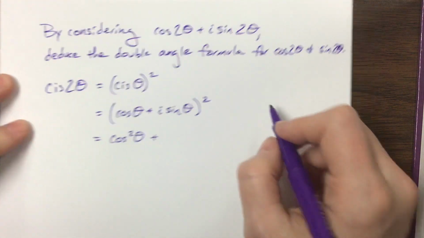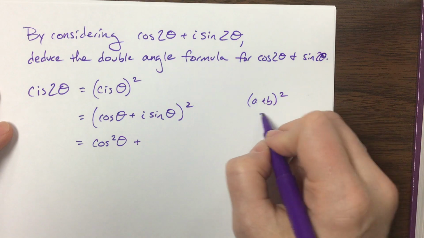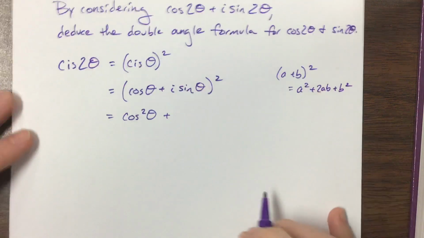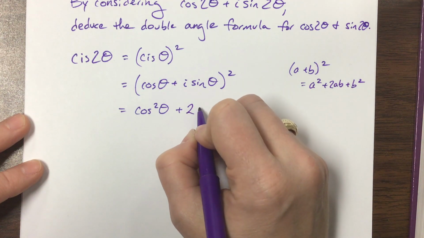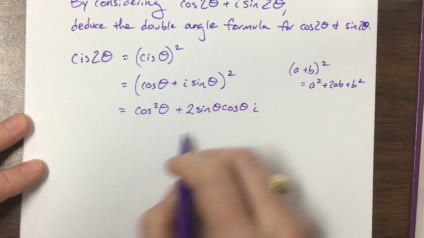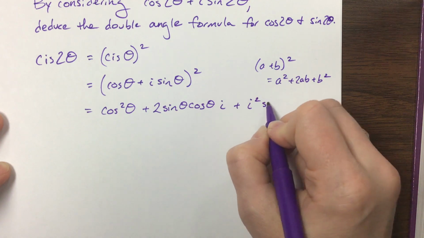Basically I'm just doing (a plus b) squared, and hopefully that is something you're really strong with: a squared plus 2ab plus b squared. So then this is plus 2 sine theta cosine theta times i, and then plus b squared, well, sine squared theta and i squared.